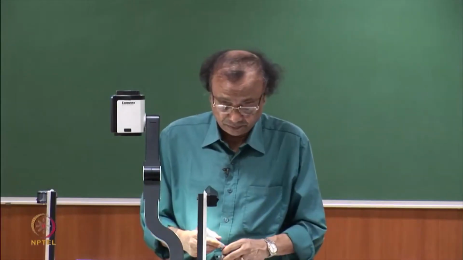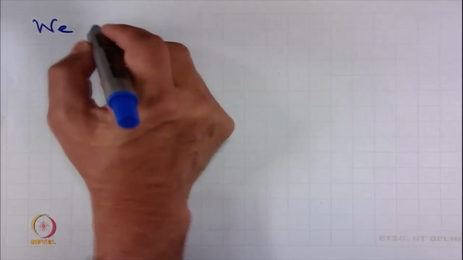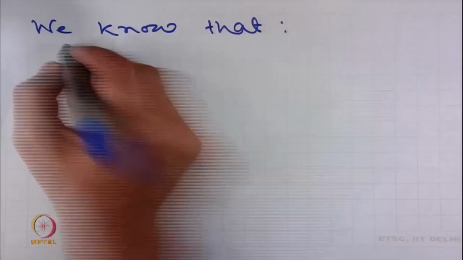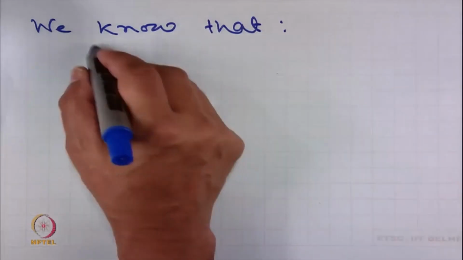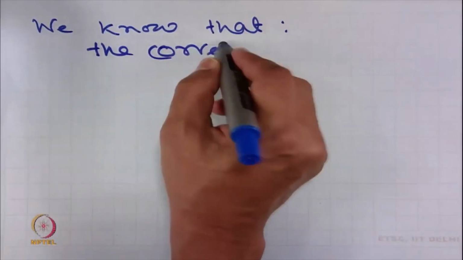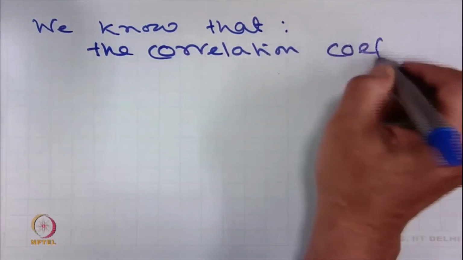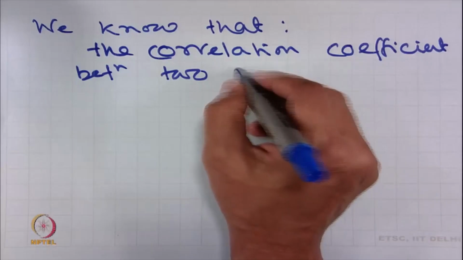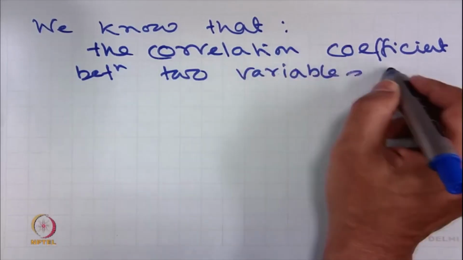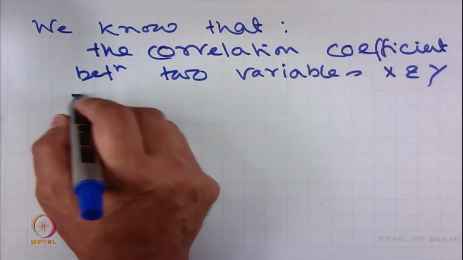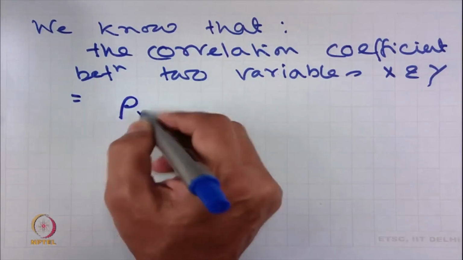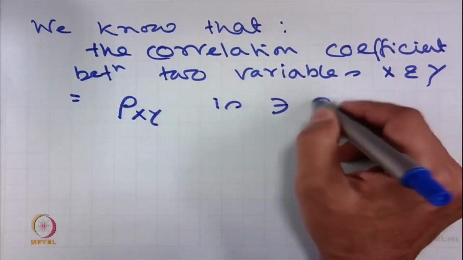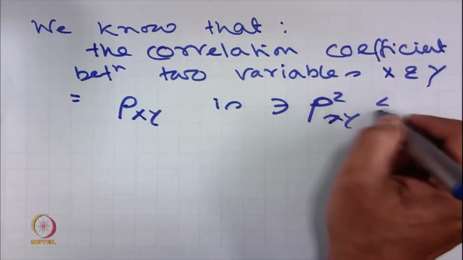Now, we know that the correlation coefficient between two variables x and y, which we called rho x y, is such that rho square x y is less than or equal to 1.